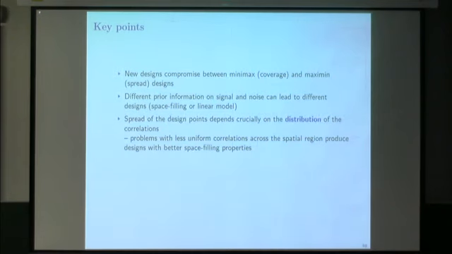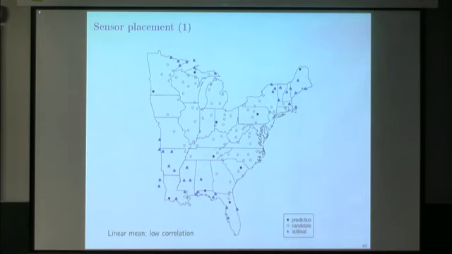So the new model-based designs are a compromise between minimax and maximin designs, and the prior information that we have about the noise to signal ratio can lead to different designs. Also, the designs depend very much on the distribution of the correlation, and especially on the range and the degree.